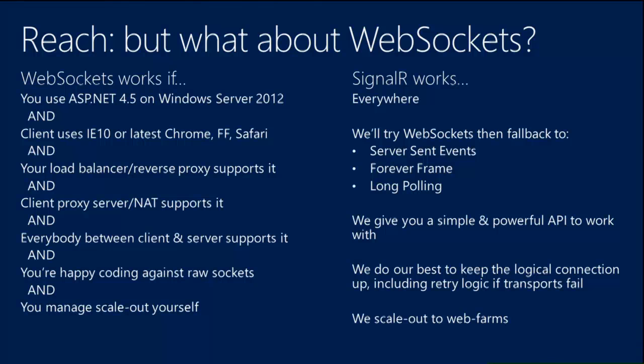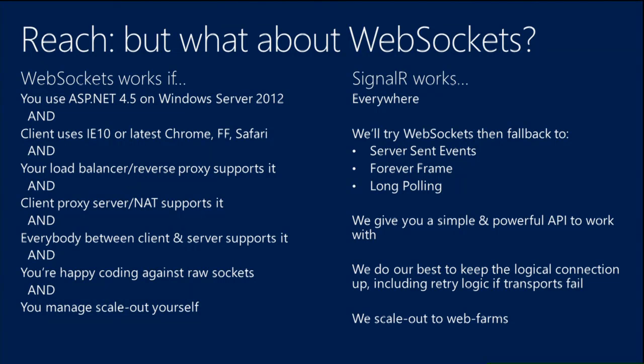And the way SignalR works around it is SignalR works everywhere. It doesn't matter what the client supports or what the server supports or what combination of clients or servers are in play. SignalR will work everywhere, and the reason is because it has a fallback mechanism. It tries to figure out what the client supports, what the server supports, and then it falls back into one of the following protocols.